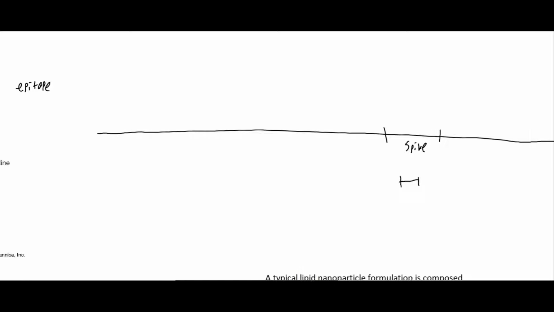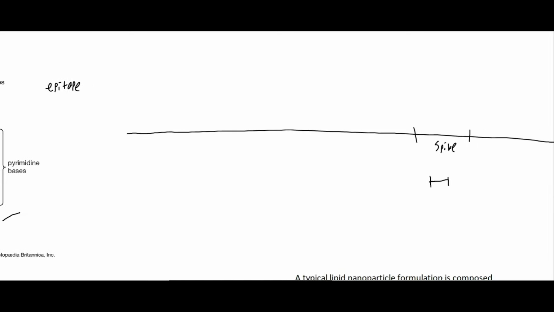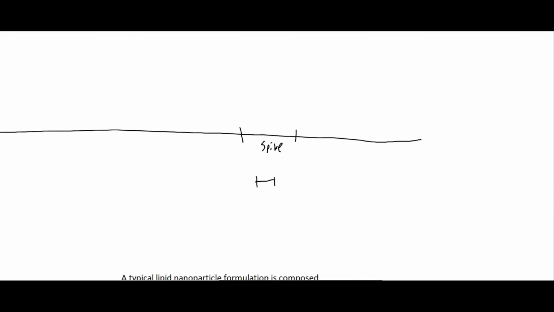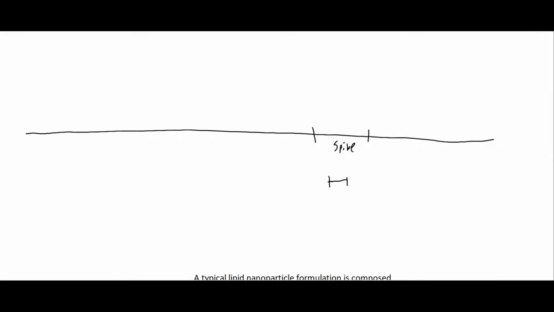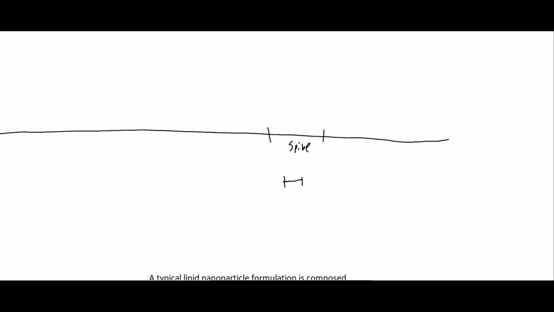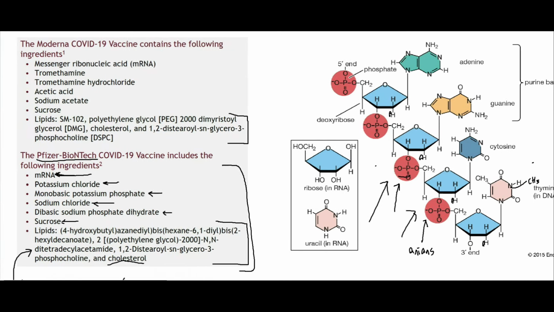And the other nice thing about mRNA is there is no chance of it messing with your DNA genome. If we were using DNA instead of RNA, there would be a chance that it could incorporate into your own genome and cause problems that way. But mRNA cannot do that, and so that is another thing that makes it safer.